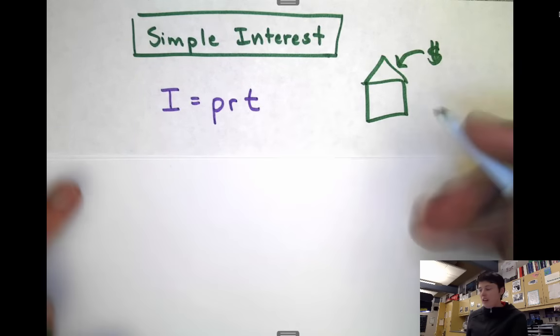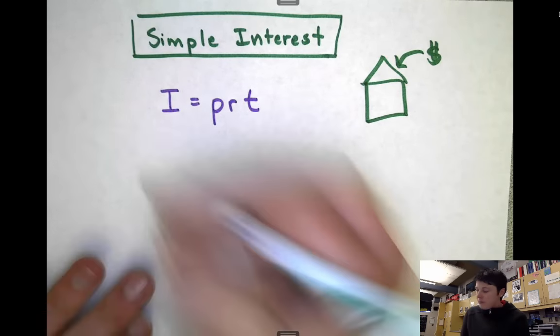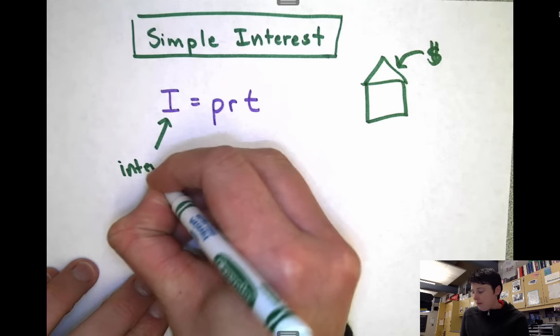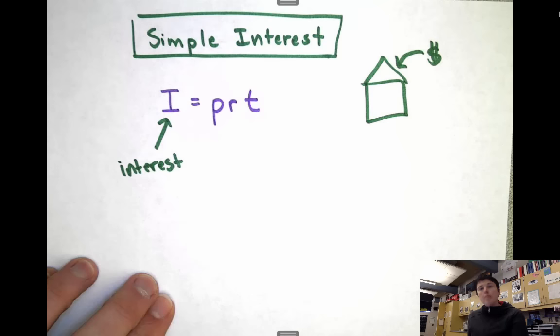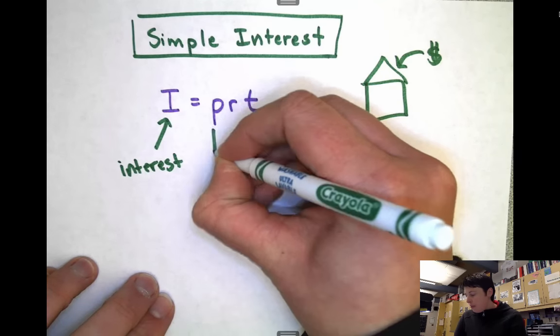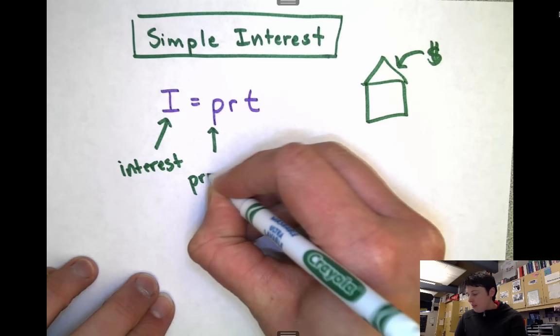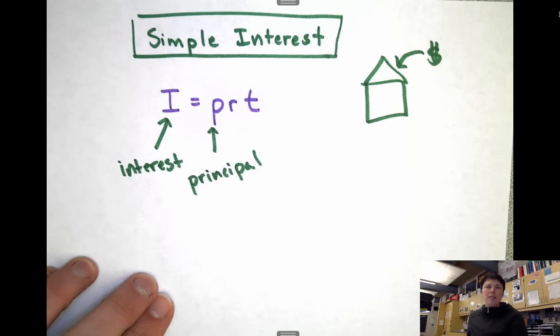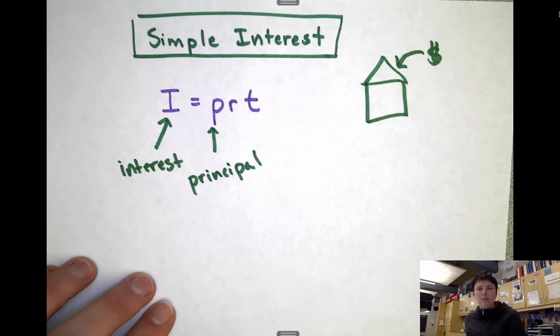Let's break the formula down into what it is exactly. I stands for interest. P stands for principal. And when I say principal, I don't mean the principal of an elementary school or middle school.